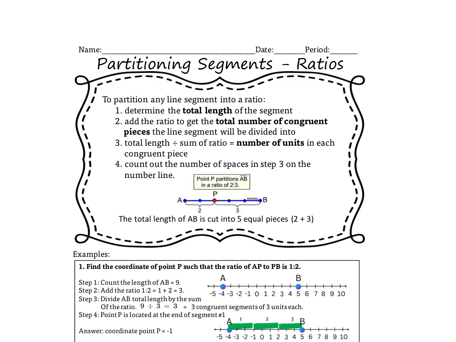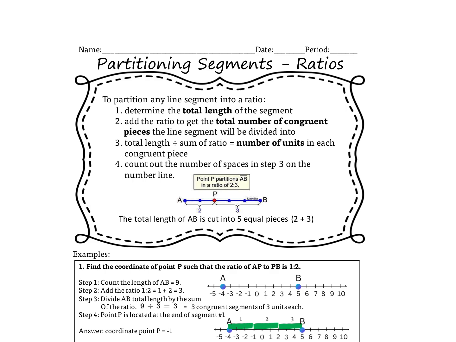So we've previously talked about finding fractional distance on a number line and how we want to find either 1/4 or 2/3 of a particular line segment. Here we're talking about partitioning, which is a little different.